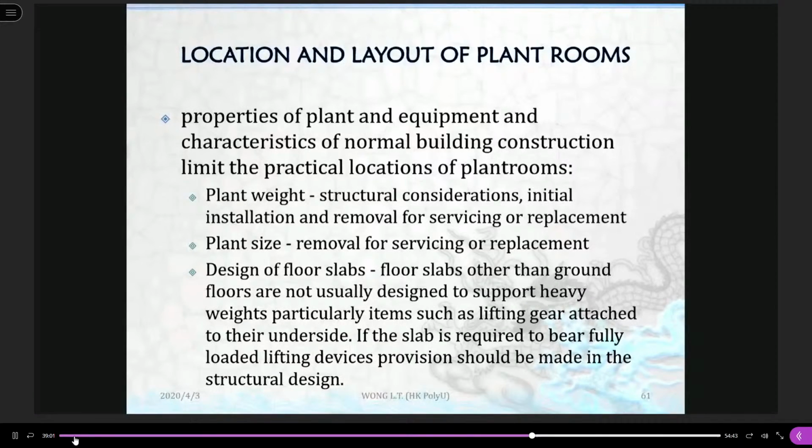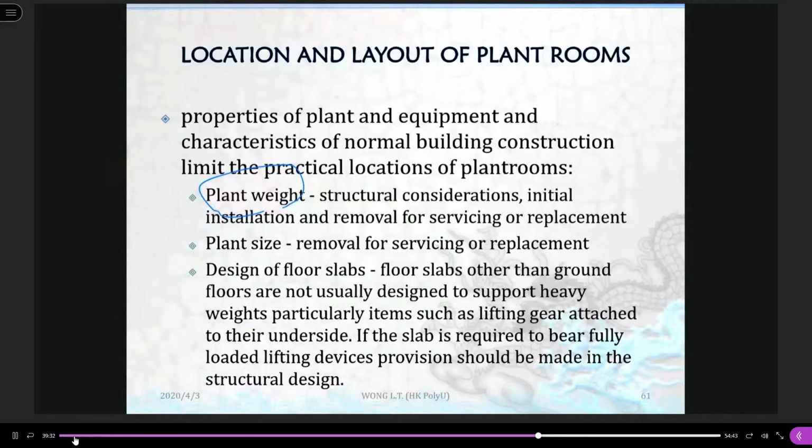I list several items here, say the weight, which relates to structural consideration. Consider not only the weight of the plant itself, but also the initial installation and servicing or replacement during the working process. We need to allow for them, such as a chair, during the replacement process.